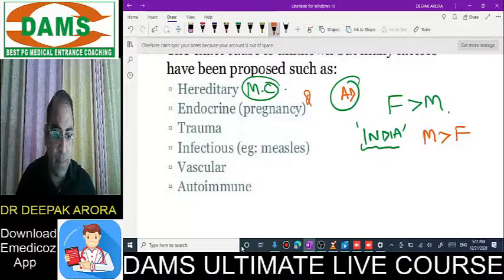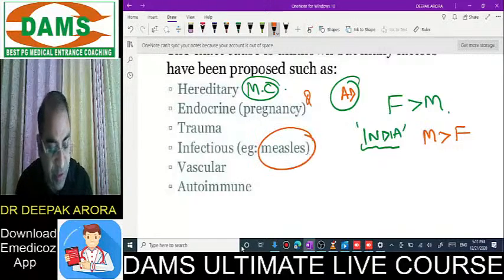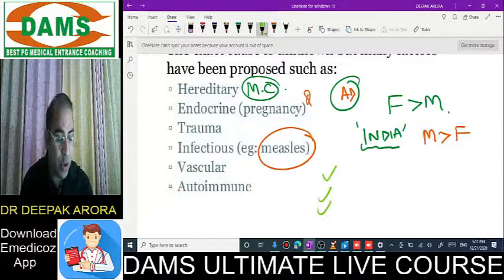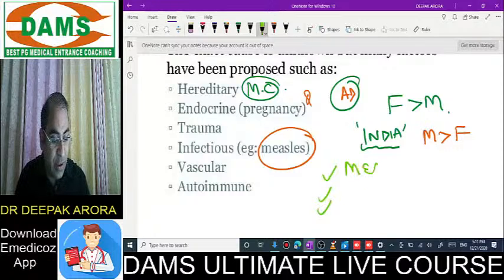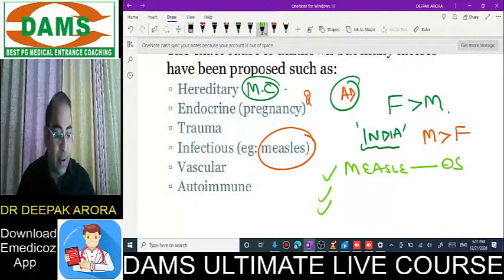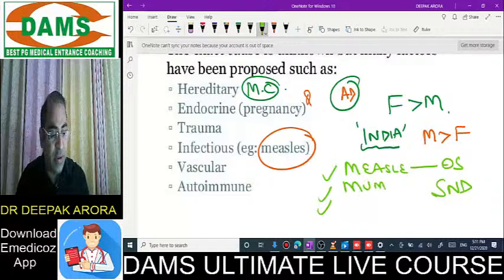Am I understandable? Coming to the next point, the infection associated with otosclerosis is measles. And just remember, in ENT, in Viva, these 3 important points should be on your tips. Measles, yes, is associated with otosclerosis. Which infection is associated with sensorineural deafness? It is mumps.